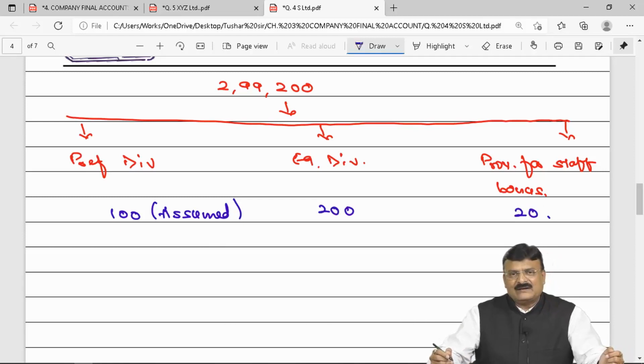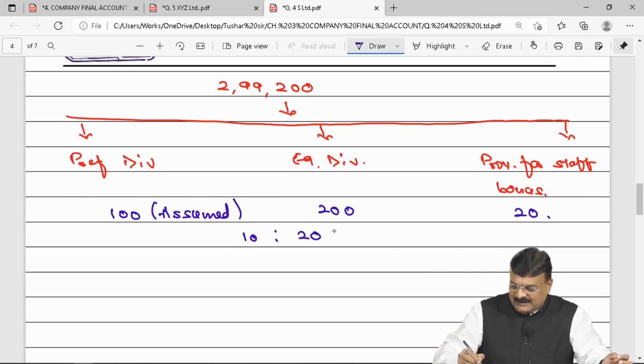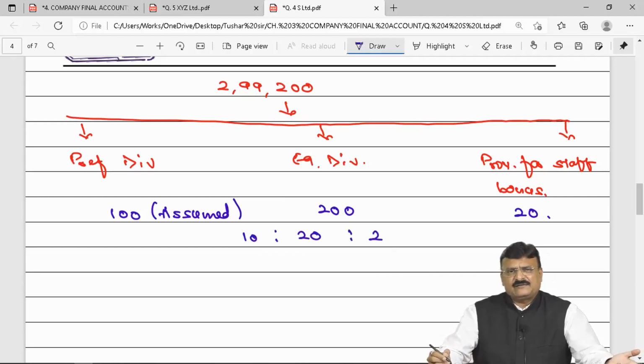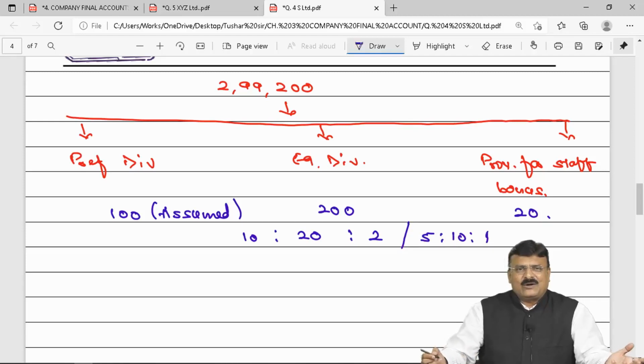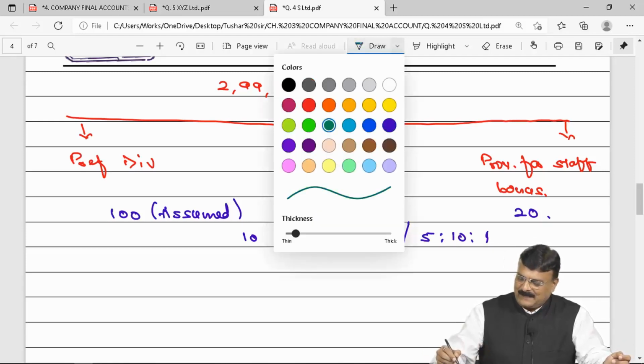So 100, 200 and 20. In that ratio you will distribute 2,99,200. I can easily say 10 is to 20 is to 2. Further simplification is also possible, like 5 is to 10 is to 1, but ultimately all are job of calculator, friends. Okay, come on, use calc.